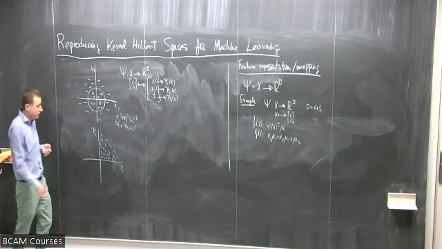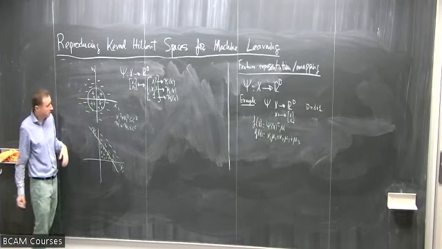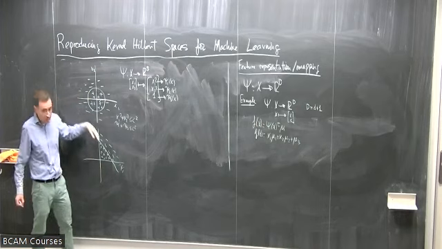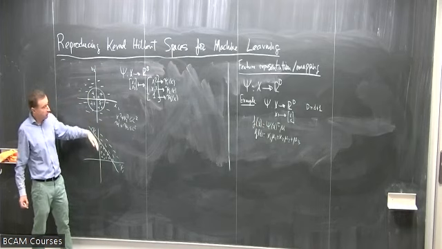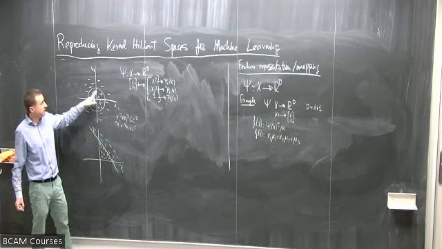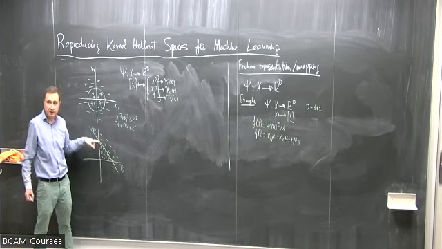Now this is something that we can classify very easily with a linear rule, not going through the origin. That's why I put the 1 there. So if we work in this space, a classification rule like this circle is going to be linear.